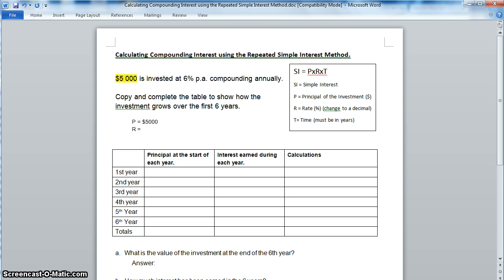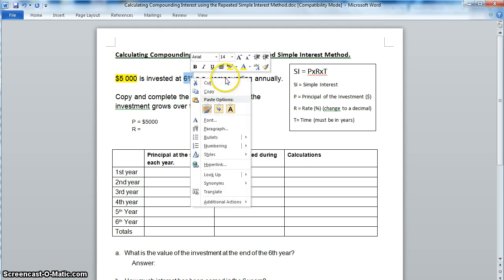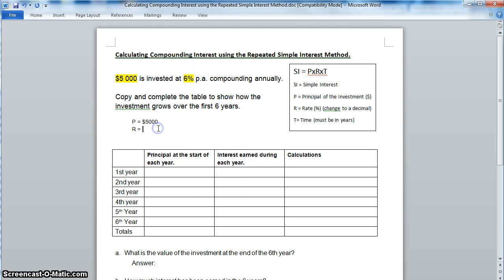Next is R. So what's R? R is the rate, and in this question the rate is 6%. Highlighted it there for you, 6%. But before we use this rate in the simple interest formula, we need to change it to a decimal.